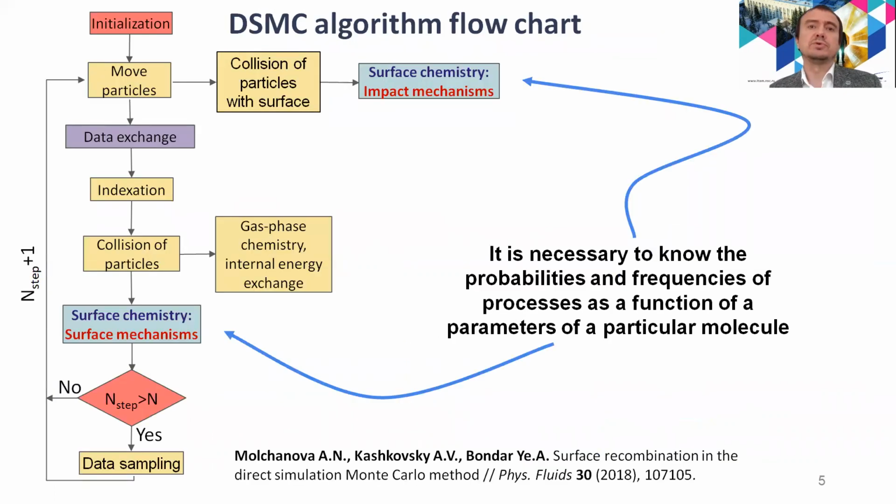This is important because we model these processes in different parts of our DSMC code. It's quite natural to model these impact mechanisms inside the stage of the transfer of all particles on the time step. Usually we perform the gas-surface interaction of these particles with the elements of the surface inside this step.